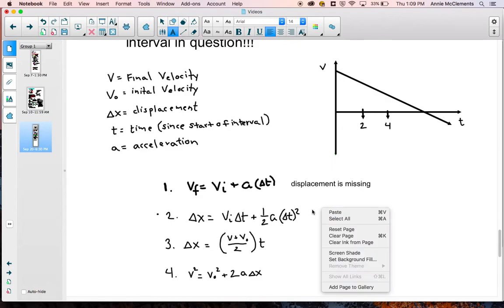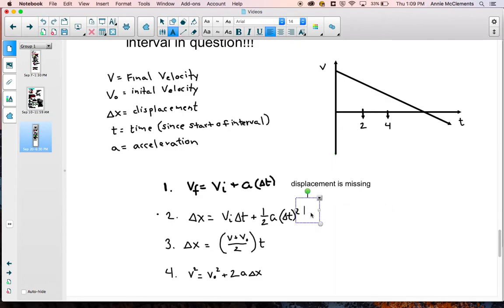Displacement is missing from the first equation. In the second equation, we've got time, acceleration, initial velocity. We're missing the final velocity. And the third one, we're missing acceleration.